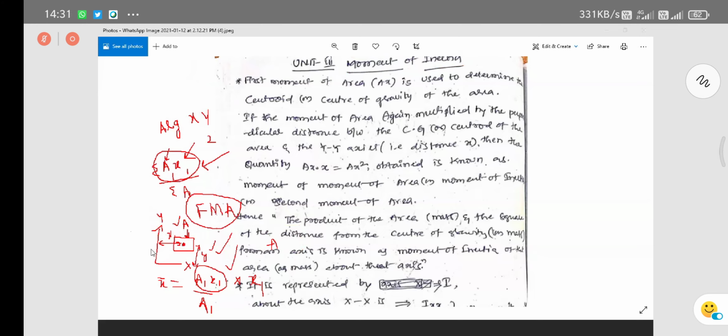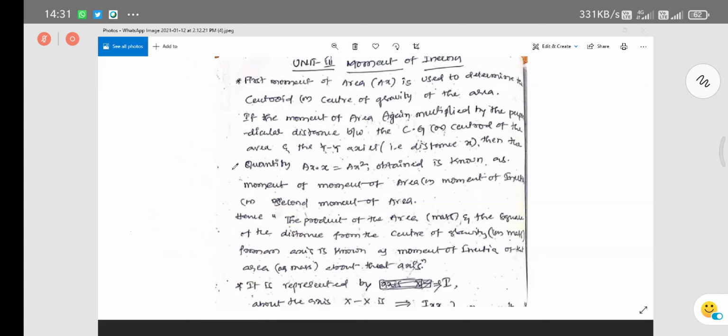Don't go deeper. So see here, the moment of area again multiplied with the perpendicular distance between the center of gravity and the area about every axis. This total entire quantity we are going to call the area moment of inertia.